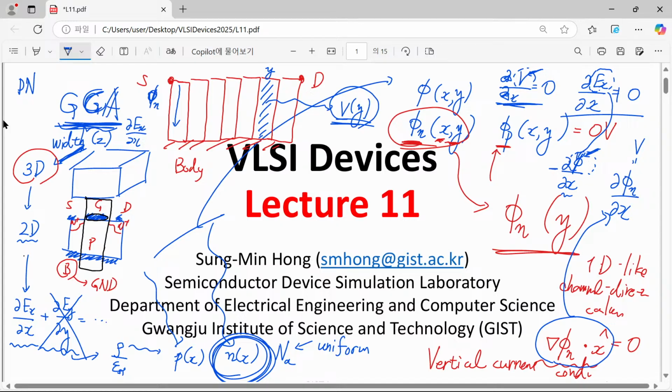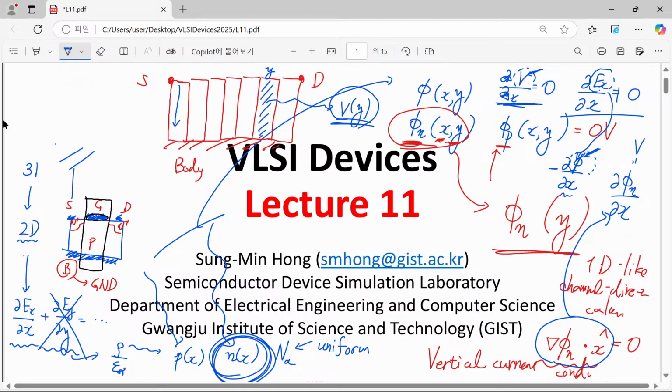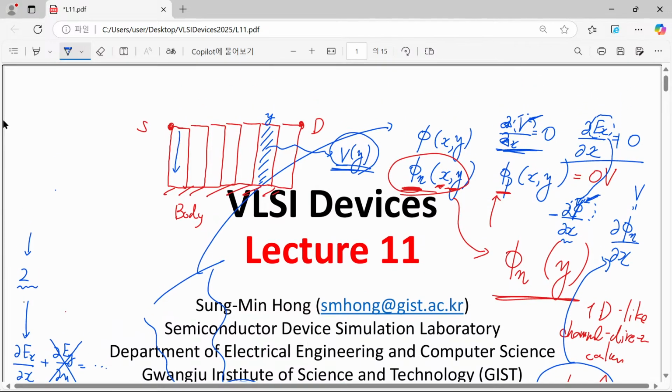So once we adopt this kind of consideration, now the situation becomes a little bit more simplified. Although we have no idea about what is the exact value of V at Y, for this slab there is a certain value, and for this slab we can define another value.